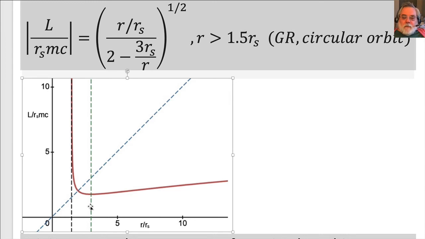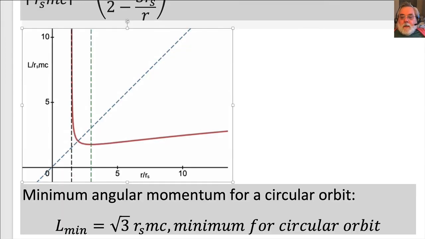There's only the Schwarzschild radius. The minimum angular momentum for a circular orbit is this value. L min equals square root of 3 Schwarzschild radius times mass times the speed of light. Mercury's orbit around the Sun has about 1,800 times the minimum general relativity angular momentum for the Sun's mass.